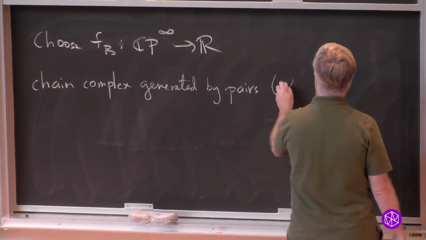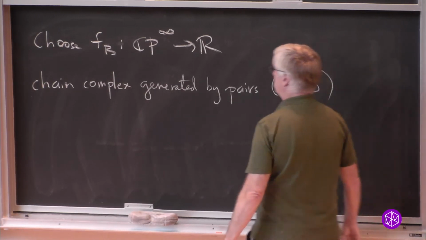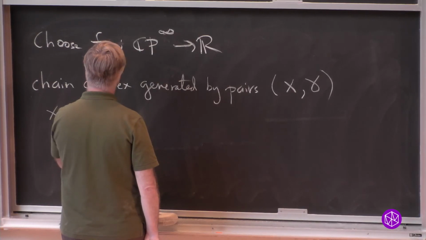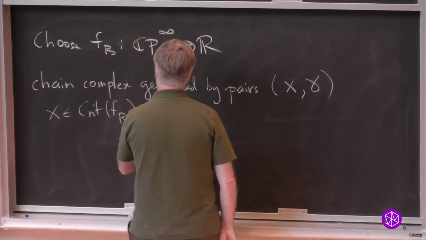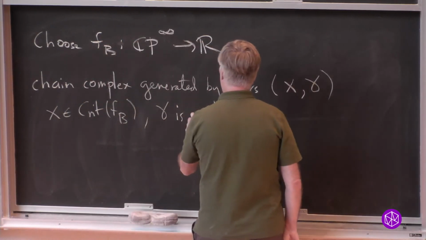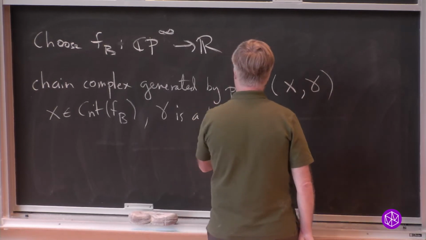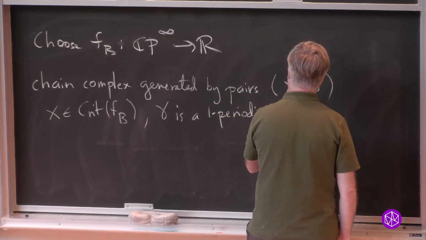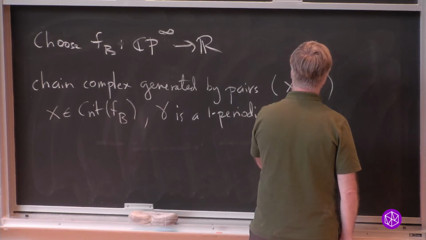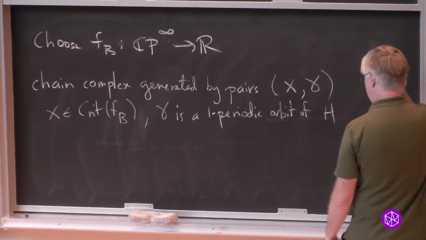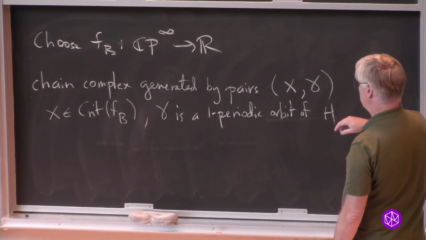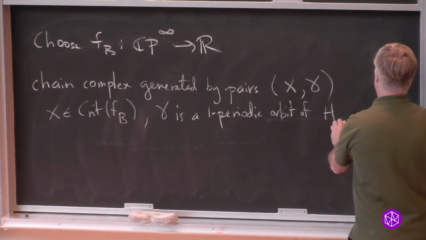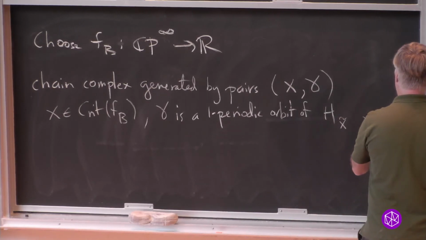So you have x, gamma, where x is a critical point of FB, and gamma is a one periodic orbit of the Hamiltonian for a lift of x, modulo S1.